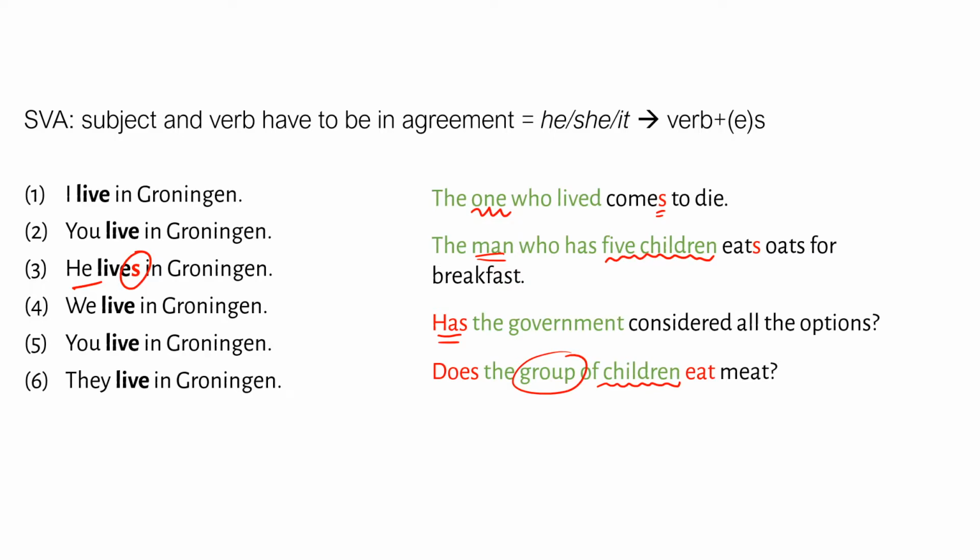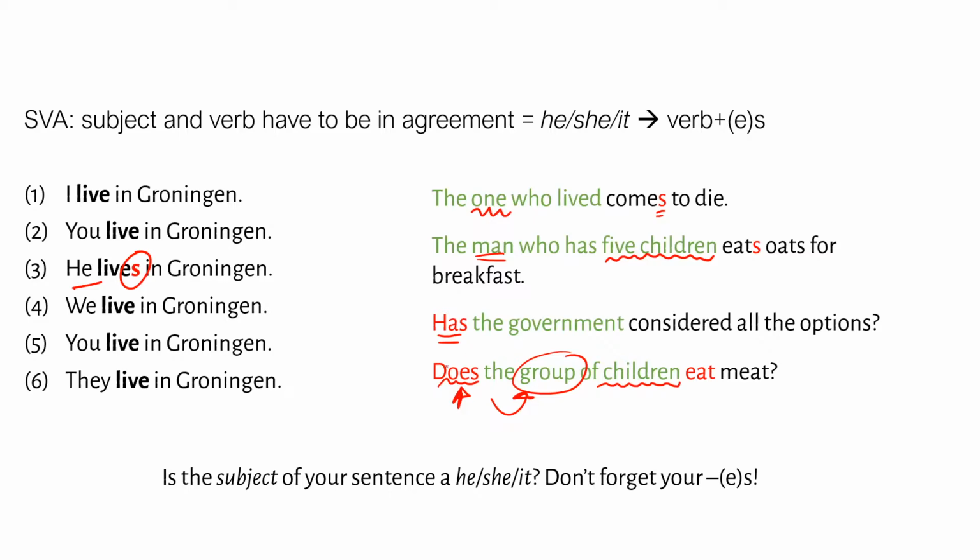So that's why we consider it a singular he form or it, and it has does, right? Now mind that we have does the group, so this verb must be in agreement with group, not eats, right? So we don't have eats. That's incorrect. Does the group of children eat? Okay.